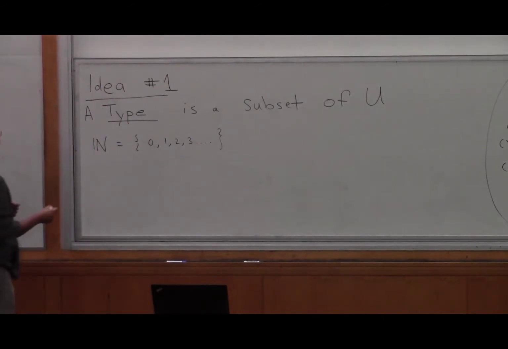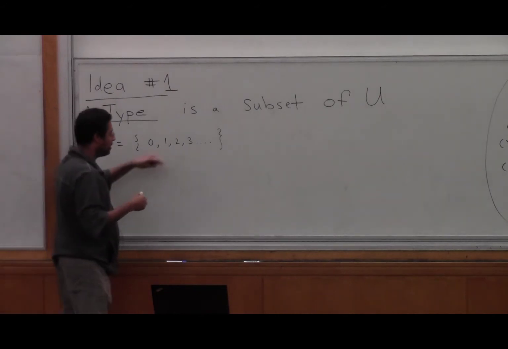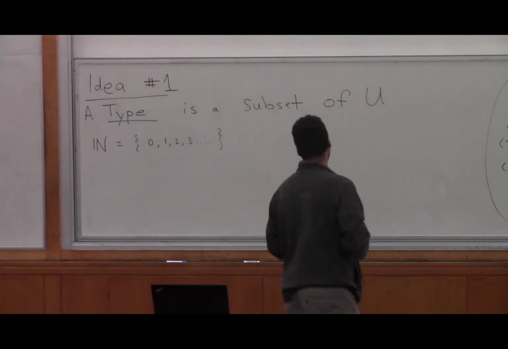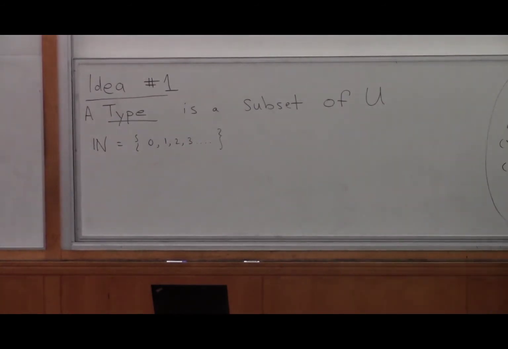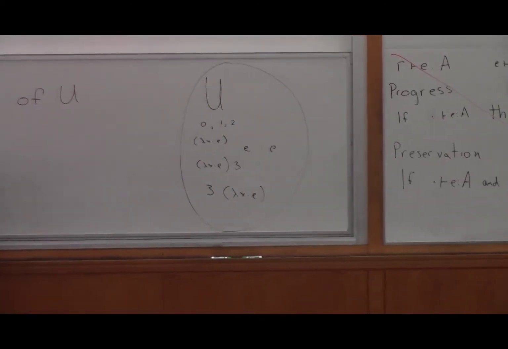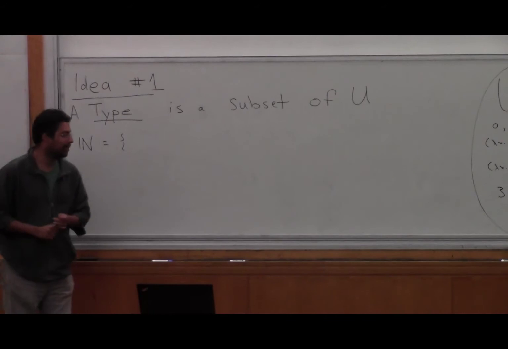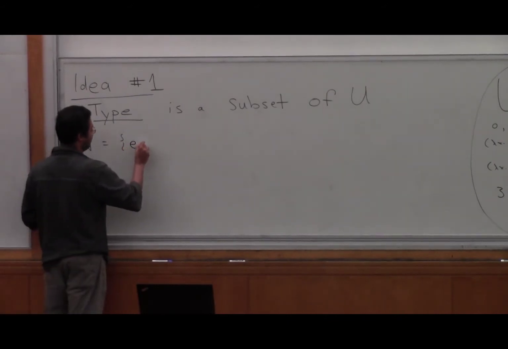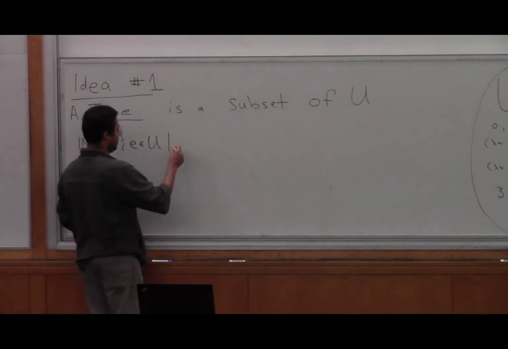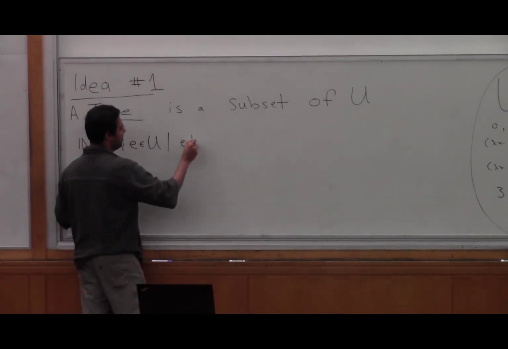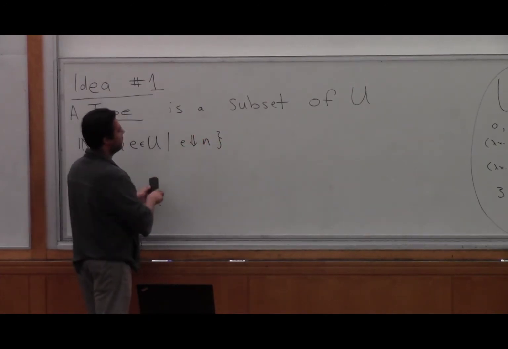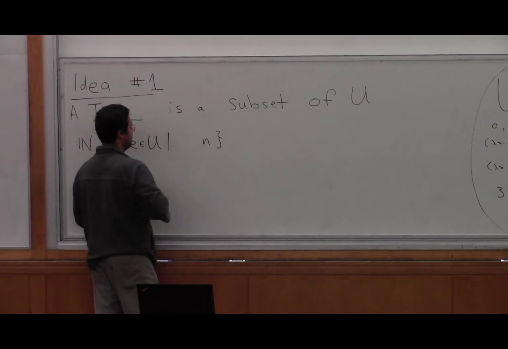In fact, we might even say something like, oh, well, this definition of the natural numbers only includes terms which are literal numbers. Maybe what we can do is say that a natural number is any expression E in U such that E will evaluate down to a numeral.